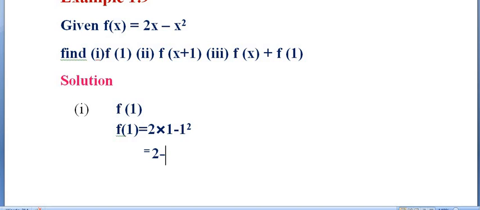The value of 1 squared is 1. So we get the answer 2 minus 1, which is 1. So the first answer is clear for us. Instead of x, we have put the value 1 and we have done it.